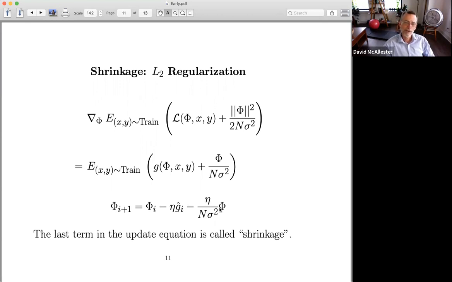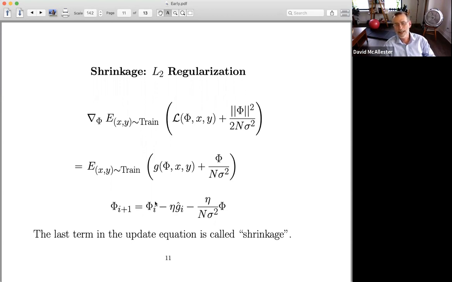And why is this called shrinkage? Well, what's happening here is this term is subtracting some number times the current vector. So we're taking a small number and shrinking the parameter vector by some small amount.